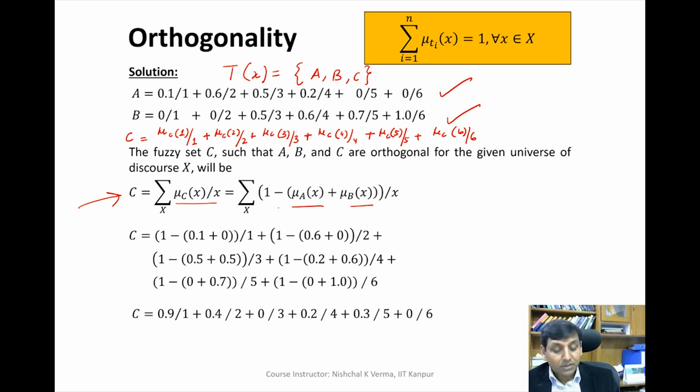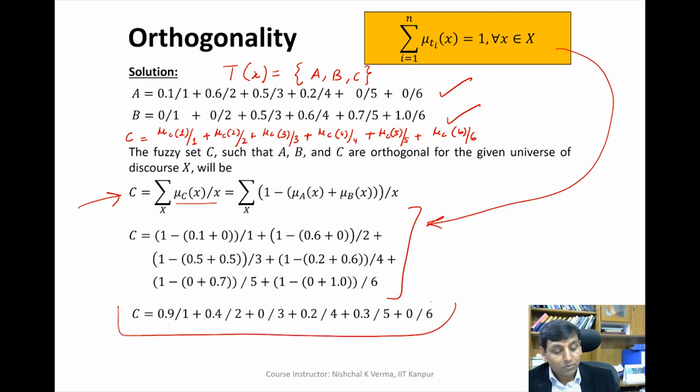Using the condition, we find C is equal to 0.9 oblique 1 plus 0.4 oblique 2 plus 0 oblique 3 plus 0.2 oblique 4 plus 0.3 oblique 5 plus 0 oblique 6.